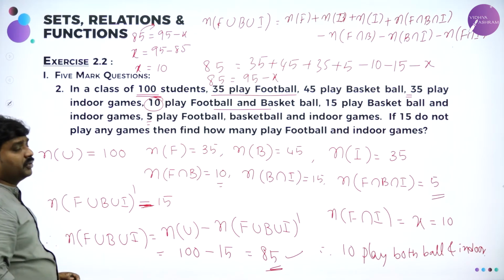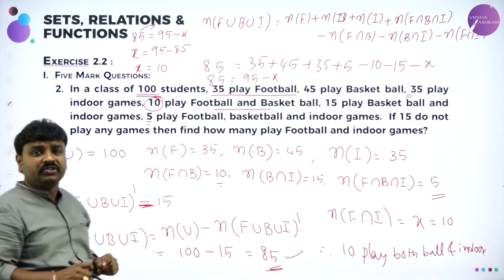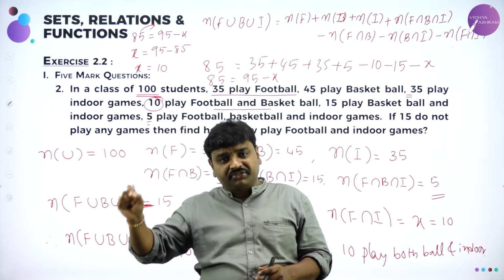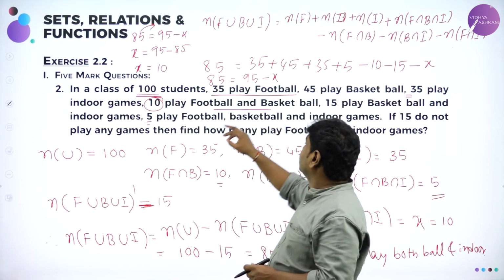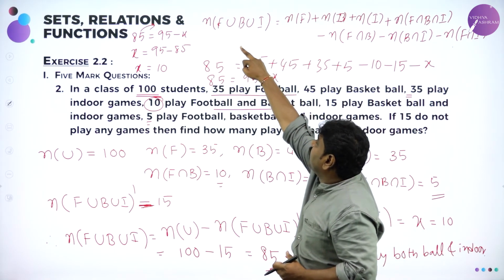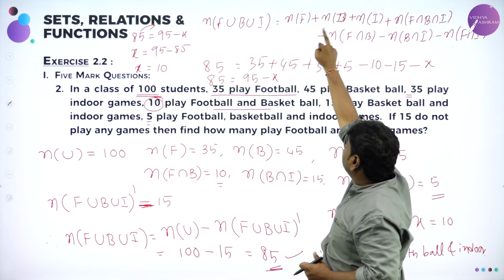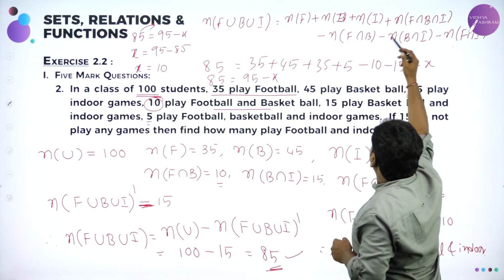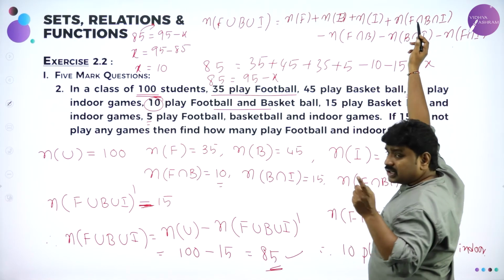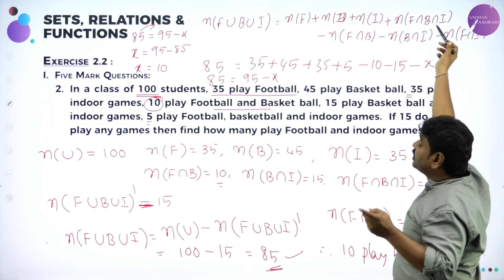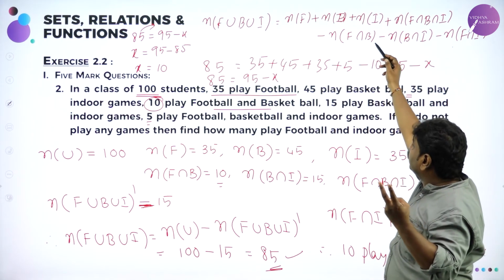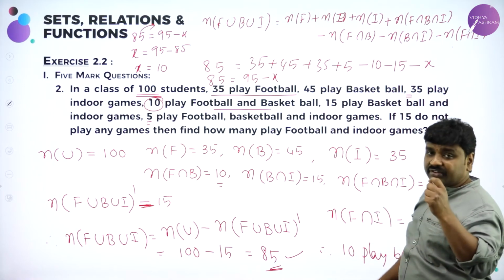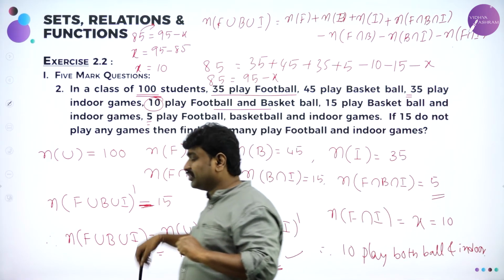Now the same problem you can also do by Venn diagram. How to do this? For A union B union C, n of A union B union C is n of A plus n of B plus n of C plus all three, like this. n of F union B union I is n of F plus n of B plus n of I plus n of F intersection B intersection I, minus, remove 2: minus n of F intersection B, minus n of B intersection I, minus n of F intersection I. If you are thorough with the formula, this is easy.